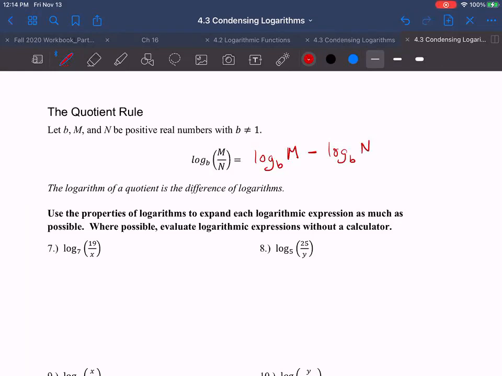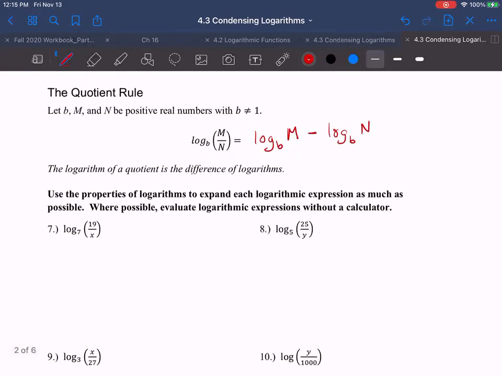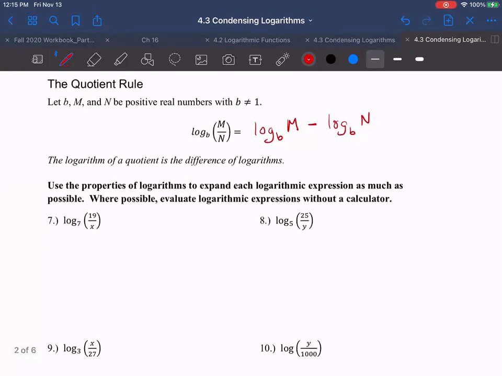In fact, this is a rule we can come up with just using the product rule we just did and the next one we're about to do. It's good to remember and good to use, but if you're ever in a pinch, you can always fall back on the product rule, and I'll show you that in a little bit. So let's take a look at using this.